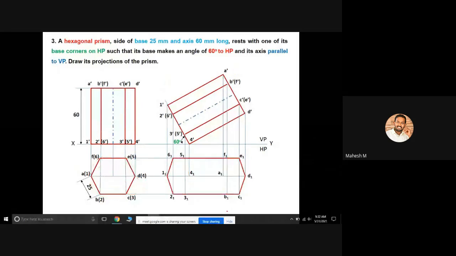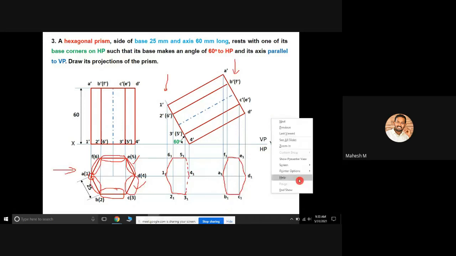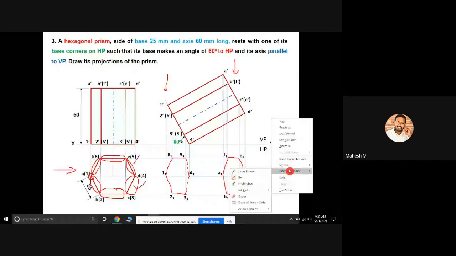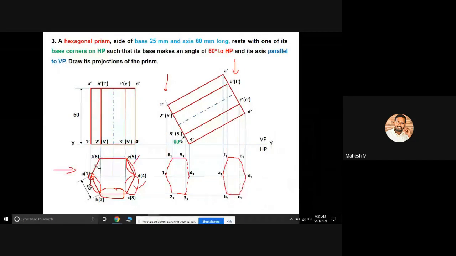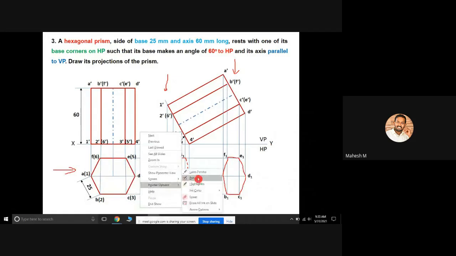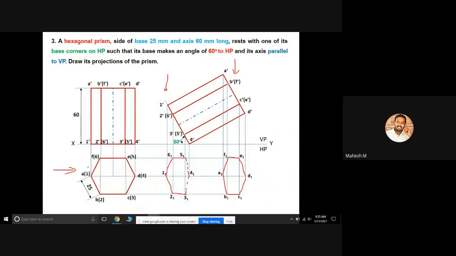So after doing that, sorry, I'll tell you with this. After that, you have to join the opposite 2 edges. That means, please look at this.